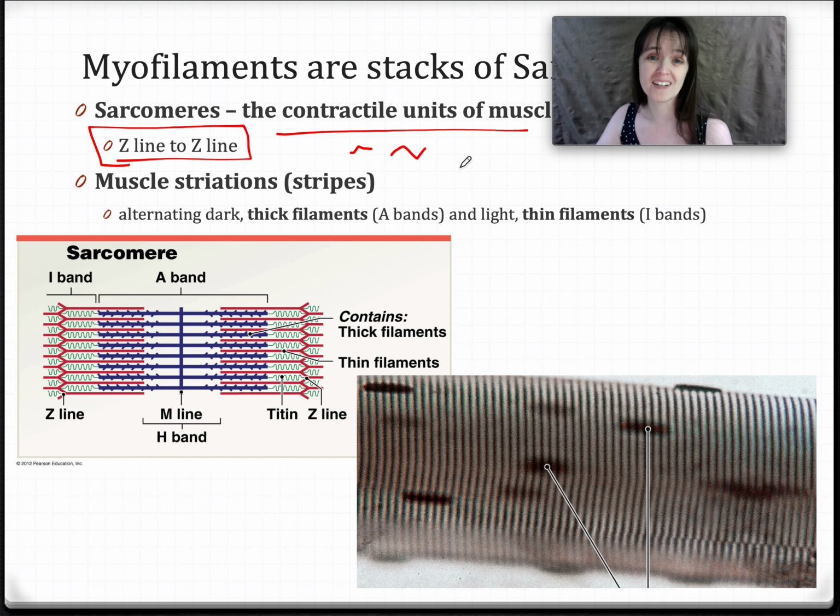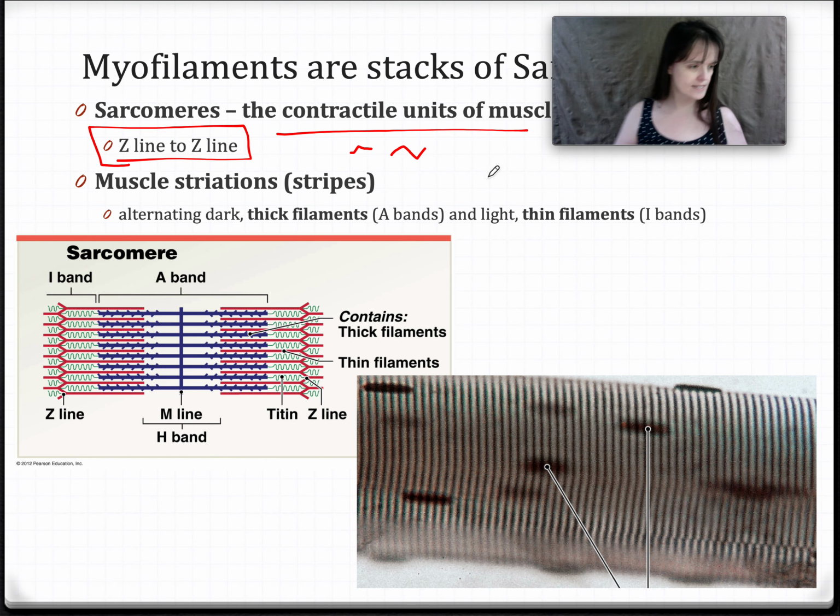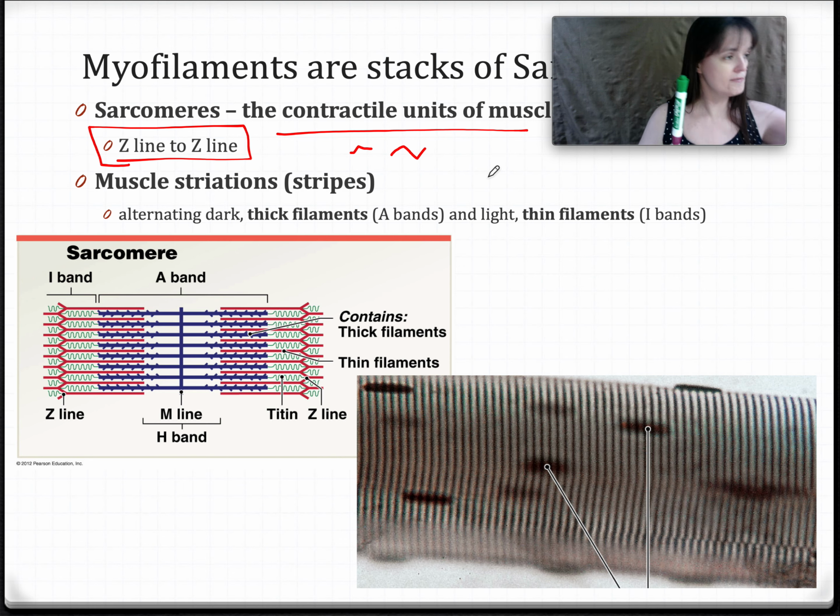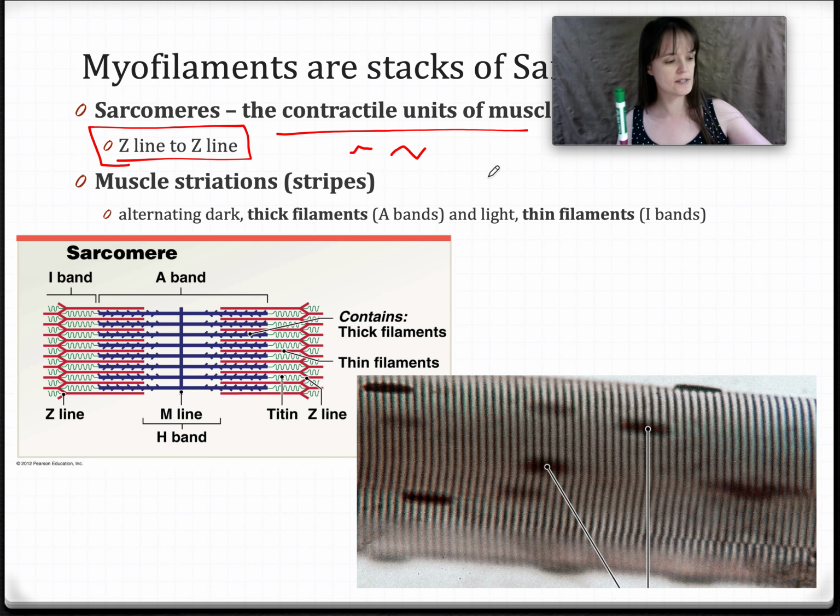That's the math term for ish. About 10,000 sarcomeres end to end. It's like when you stack the markers end to end, there's a marker and there's a marker. If these were individual sarcomeres stacked, they would make a myofibril.